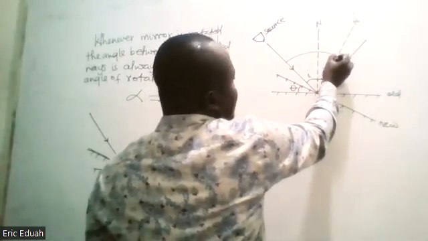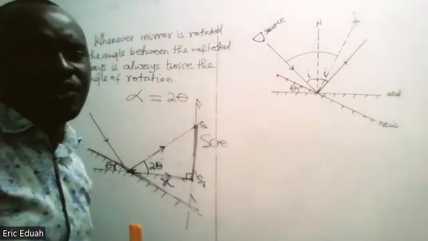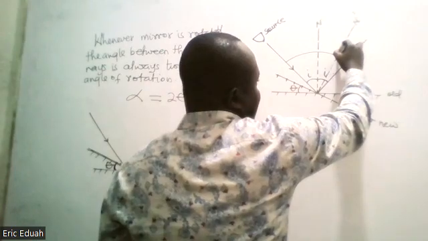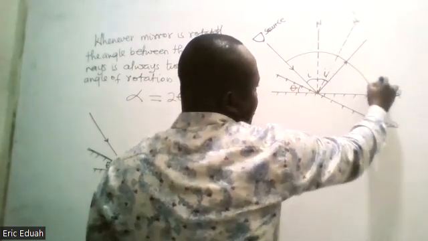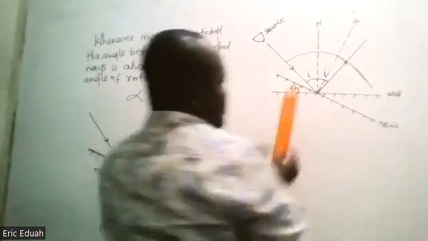So if this is the extent of the angle between the incident ray and the new normal, then we should get the same extent as the angle of reflection somewhere here.